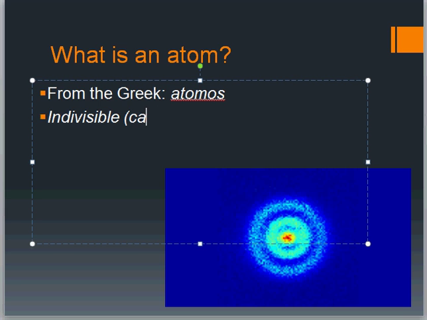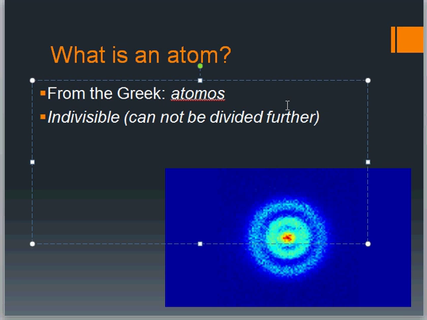Well, it means it cannot be divided further. So in the case of the atom in science, it means that you cannot divide the atom into a smaller amount without changing its physical and chemical properties. So you cannot divide it any further without having a different substance.